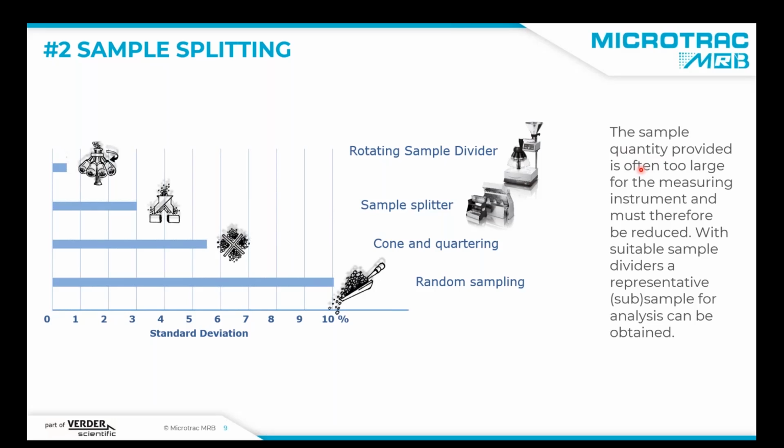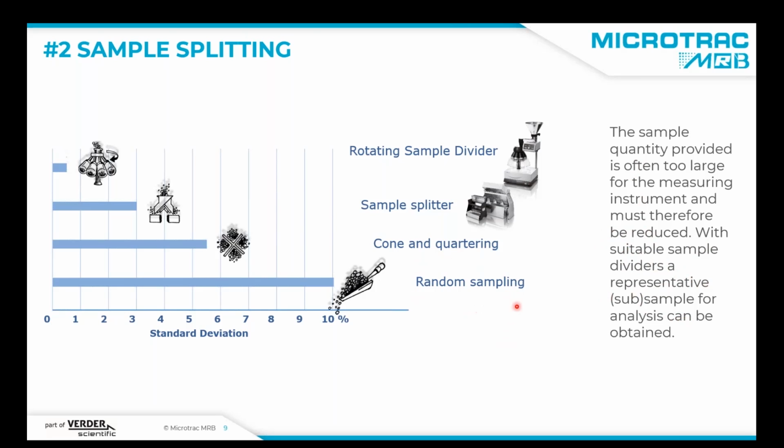Therefore, the sample quantity must be reduced. And when you reduce the sample quantity, you have the same problems and the same challenges as you have during sampling. So with a suitable dividing tool, a representative subsample can be obtained.